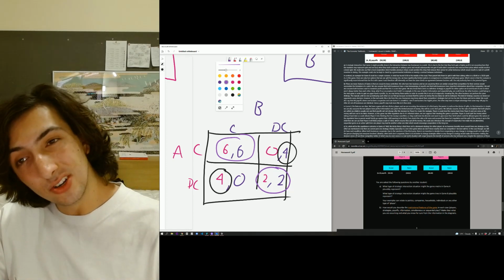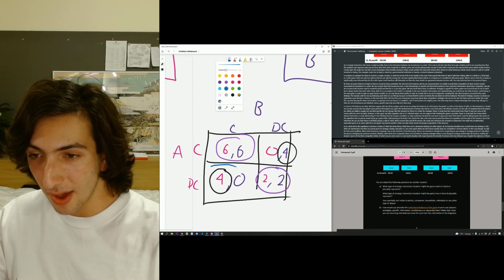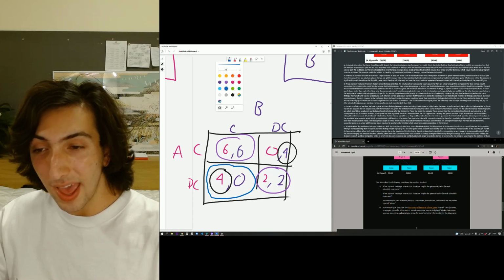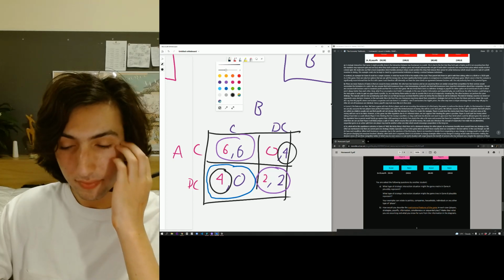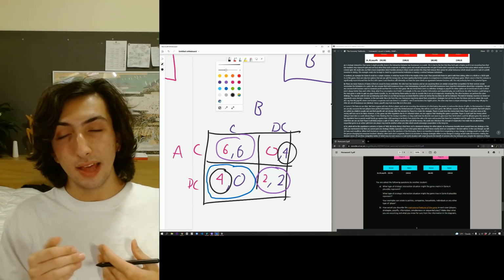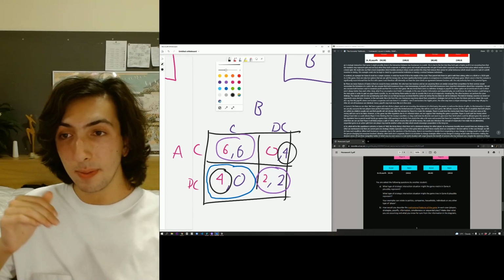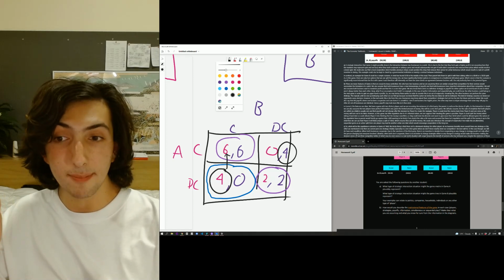Now what's interesting is what happens with these points here. What would happen when A didn't cooperate and B did? Well, this is interesting. So say I'm business A. I know that at this point, I would be better going up to cooperation because this is a higher payoff for me.